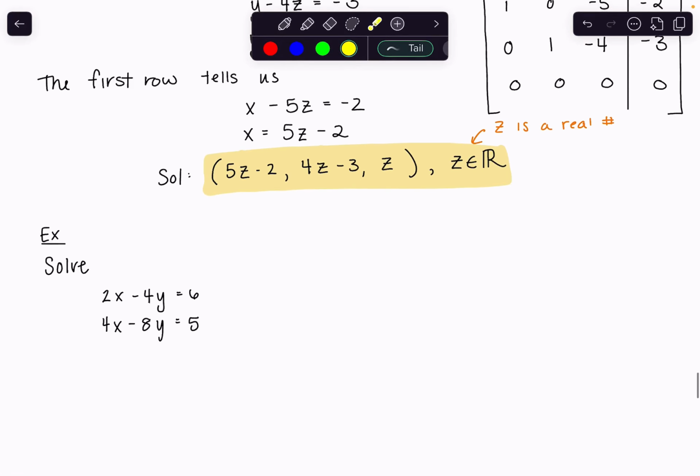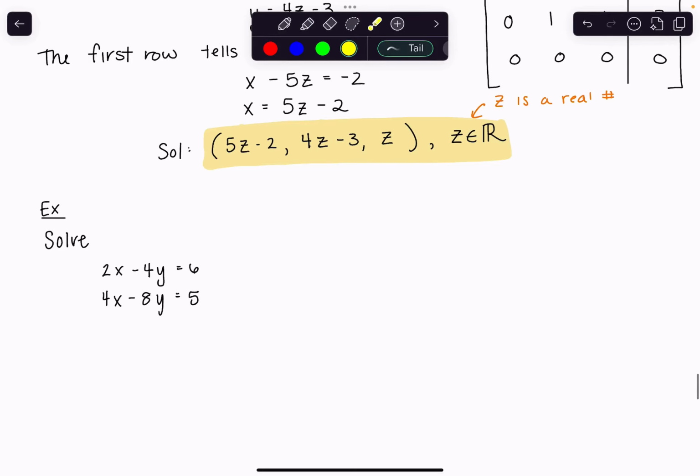So let's go through and try to solve this one. So first thing I'm going to do is immediately turn it into matrix form, and thankfully it is just 2 equations and 2 unknowns. So our first row is 2, negative 4, and 6.